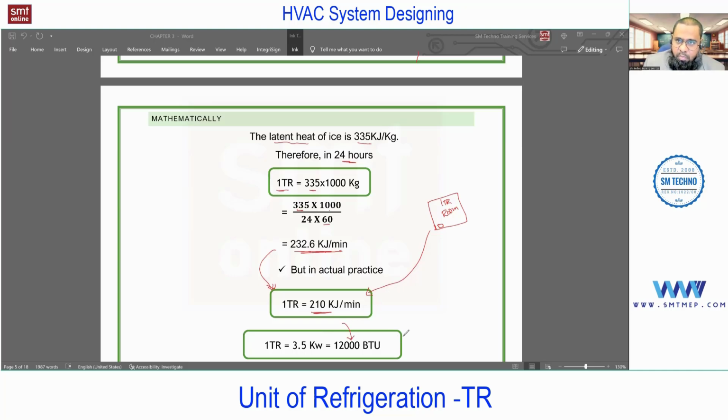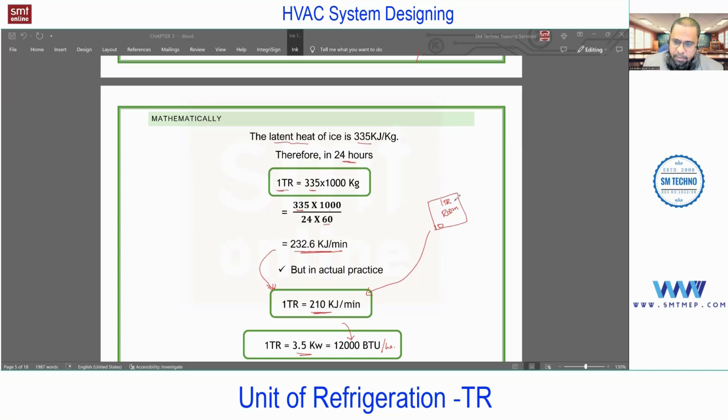It means if you want to produce 1 ton of cooling effect in a space, the rate of extraction should be 12,000 BTU per hour. So one question is that we're saying this machine is 1 ton capacity. This machine has the capacity to extract heat of 210 kilojoules per minute. That is the maximum capacity. We can alternatively say that.